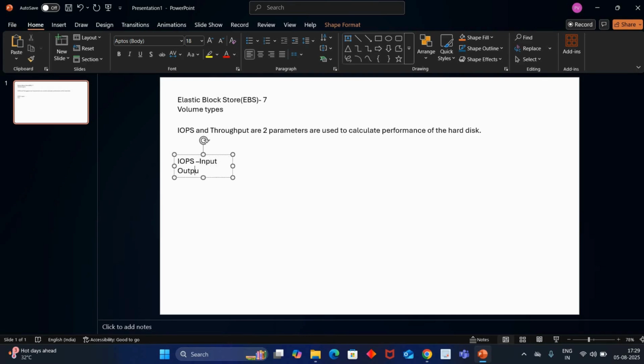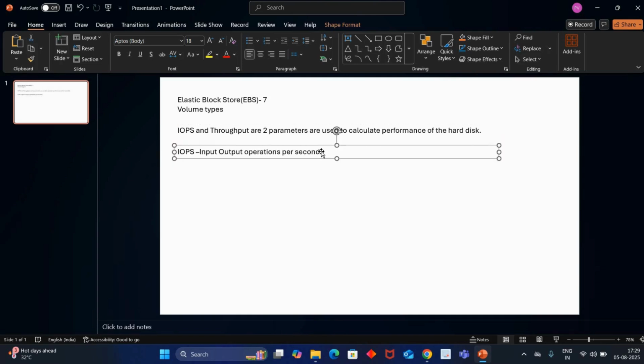Input means writing to the disk. Output means reading from the disk. So input output operations per second: input means writing, output means reading.